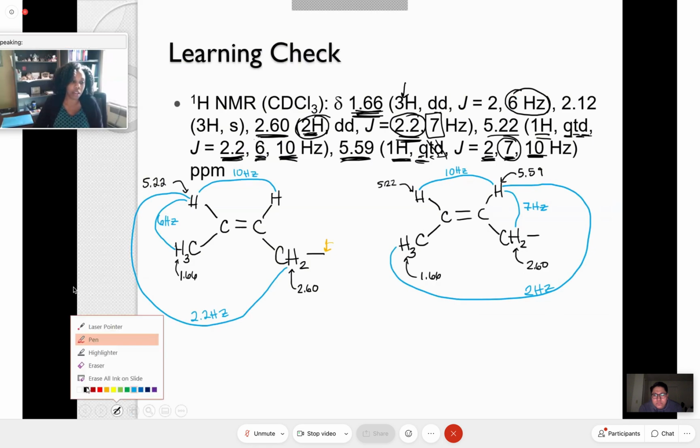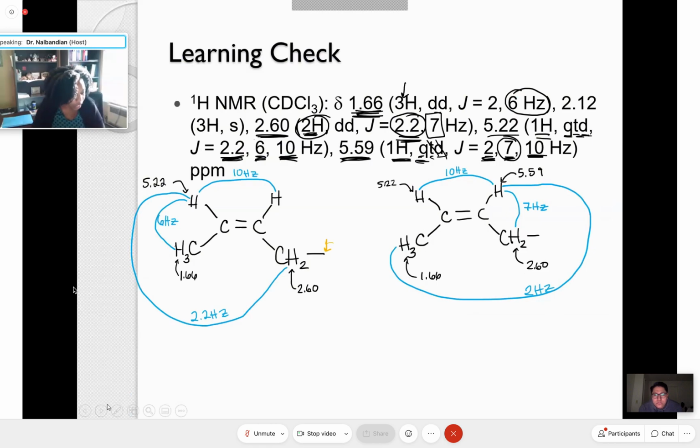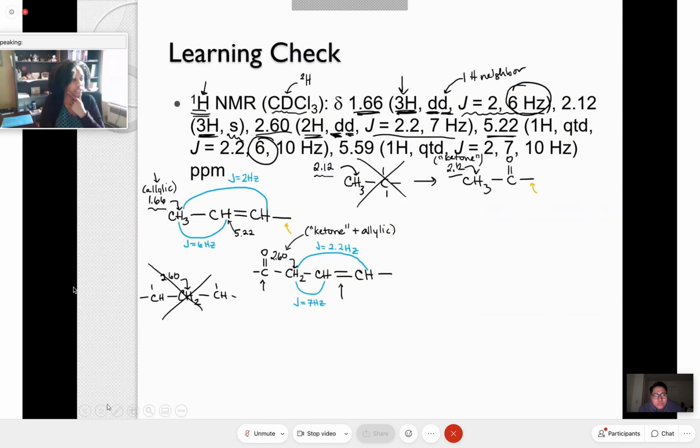That is our 2 hertz coupling. Questions on any of these building block pieces? Or from the previous slide also? Questions on any of these?